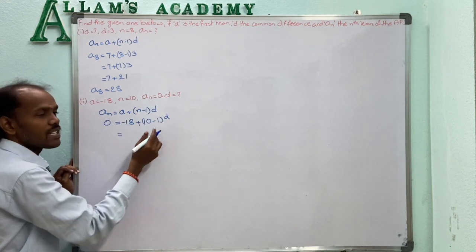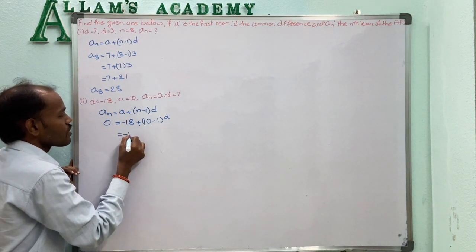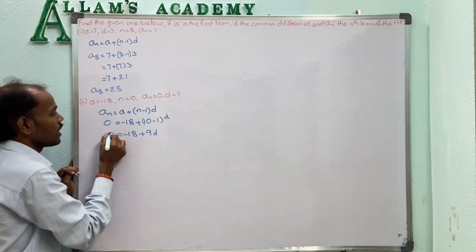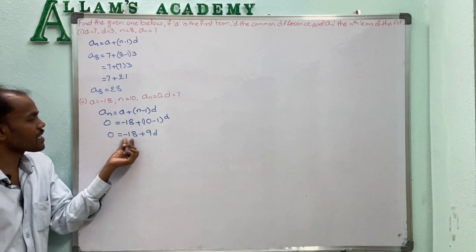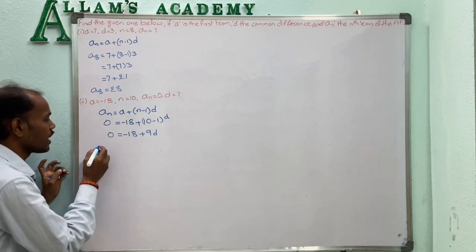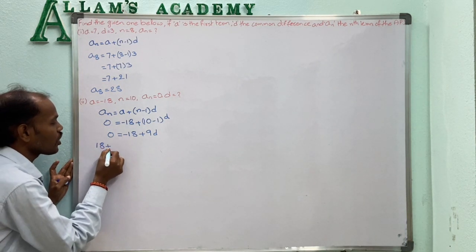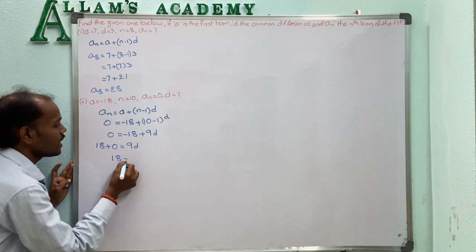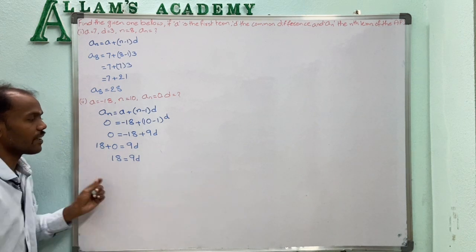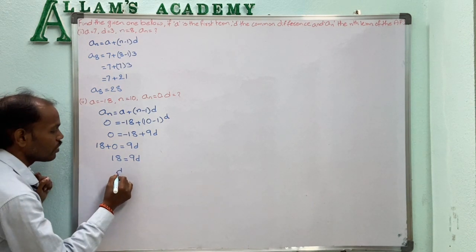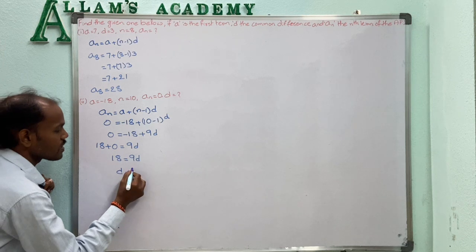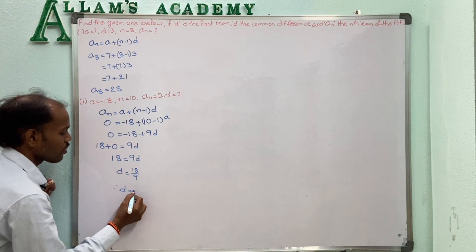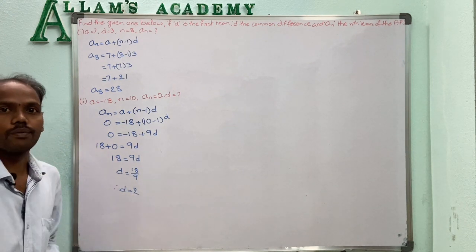So 10 minus 1 is 9. So minus 18 plus 9d equal to 0. Now this minus 18 is transferred to this side as plus 18. So 18 equal to 9d. Now d is equal to 18 by 9, 9 ones, 9 twos. So the d value is 2.